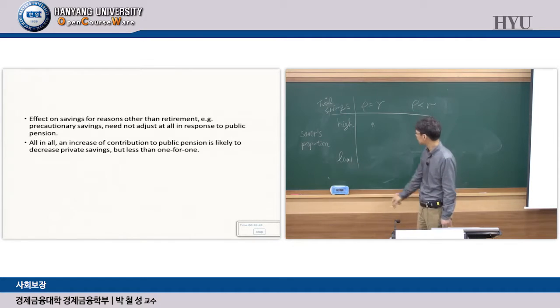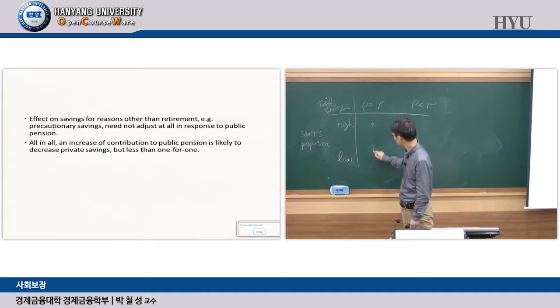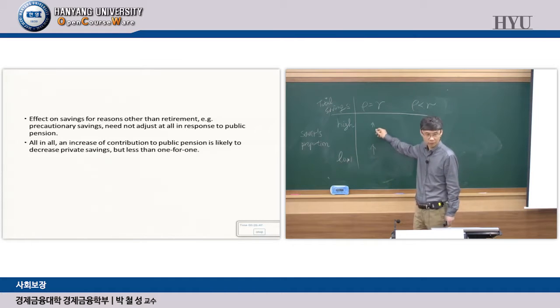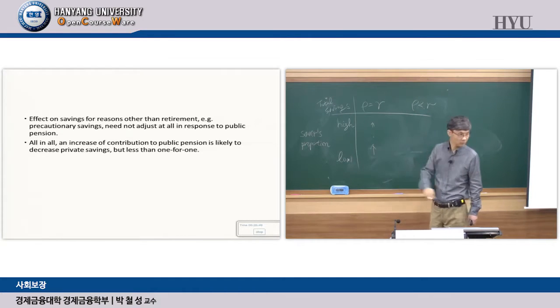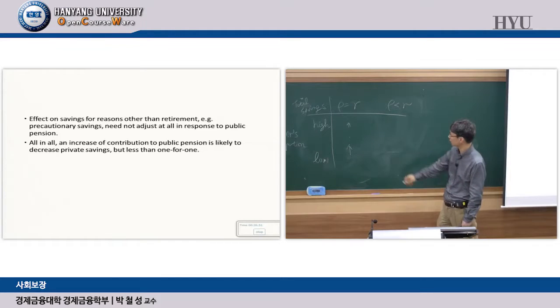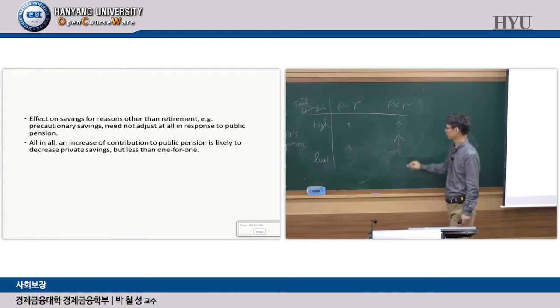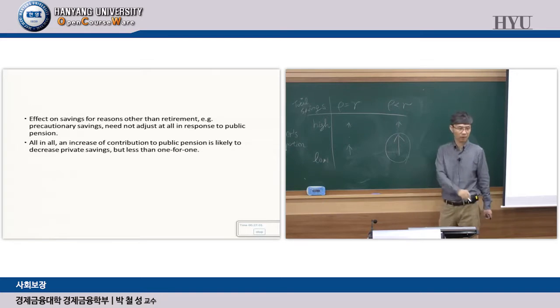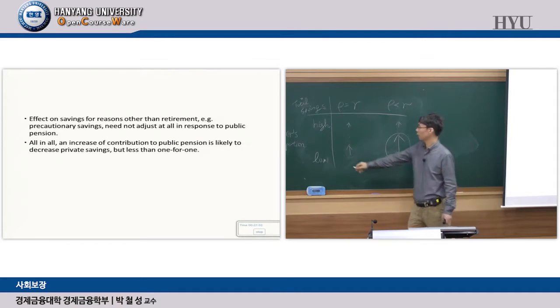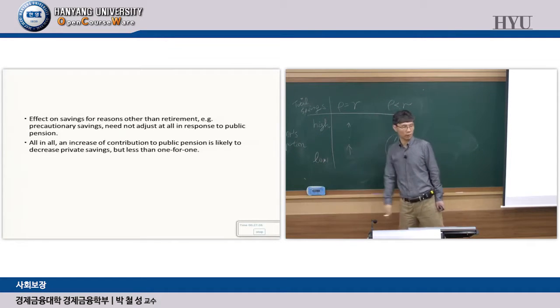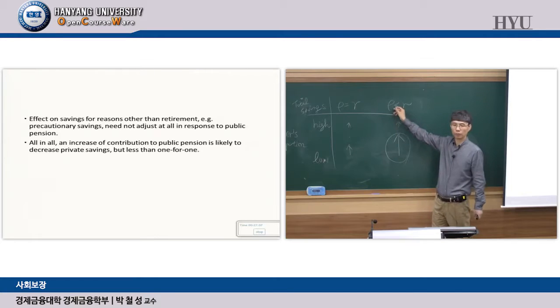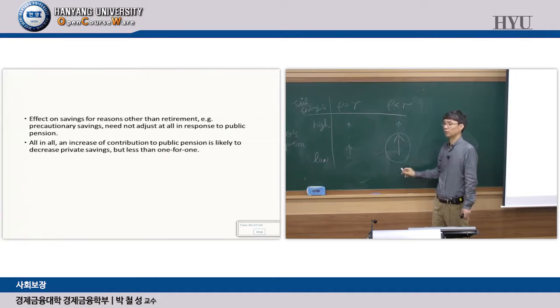If there are a lot of spenders, then it's going to be bigger than this one, obviously. Total savings will increase more. And this is basically the biggest: if we have a lower proportion of savers in the economy, and rho is smaller than R, then the total savings will increase the most.